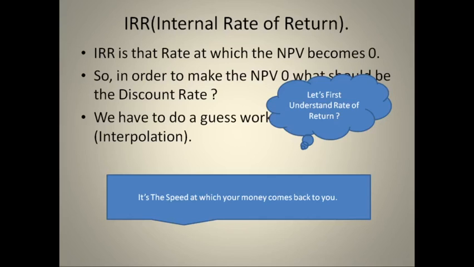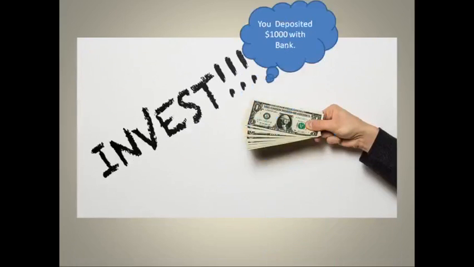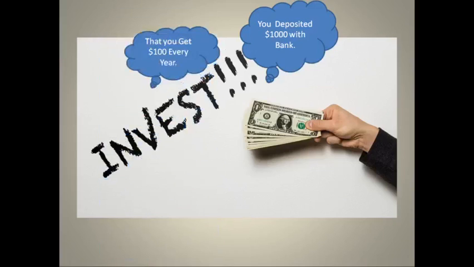Now let's understand this line with the help of an example. Here is the example in front of us, which says that you have deposited $1,000 with a bank, and let's assume that you are getting $100.